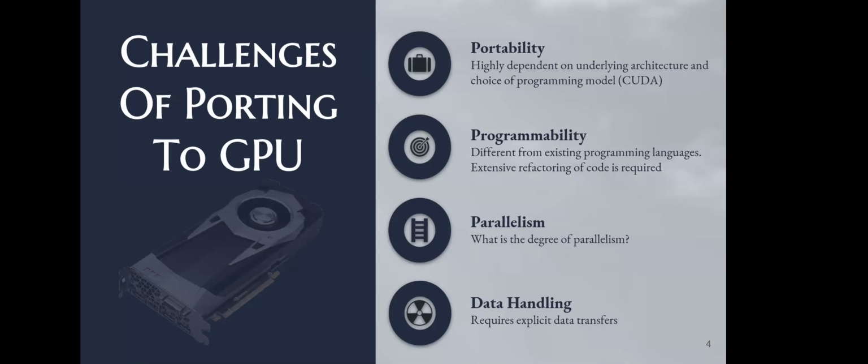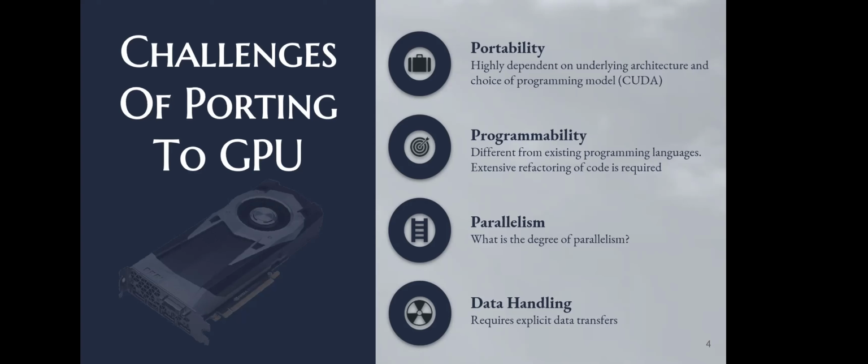Now, even if we hire an expert in these languages, we still need to decide if the code is parallel enough to be offloaded to the GPU or not. For instance, let's take matrix multiplication. It's a highly parallel application, but using a GPU to multiply two 3 by 3 matrices is like killing a fly with a gun.